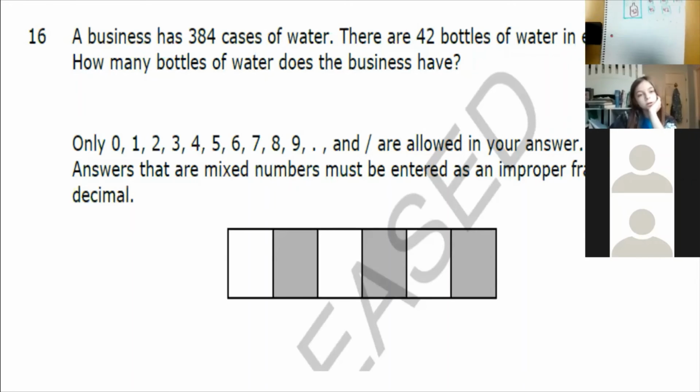Exactly. So the easiest way to know the total number of bottles in the whole place, instead of going 42 plus 42 plus 42, 384 times, is to do 384 times 42.